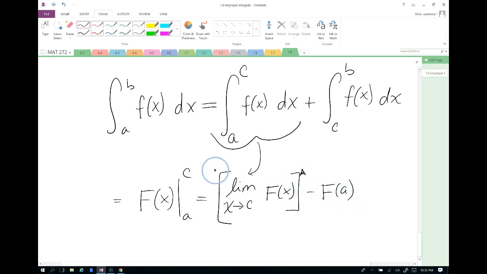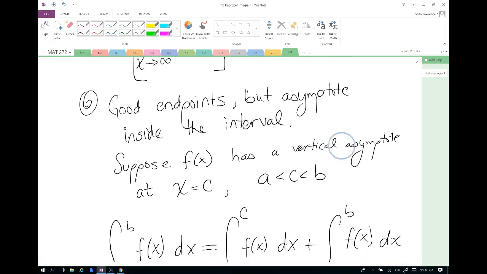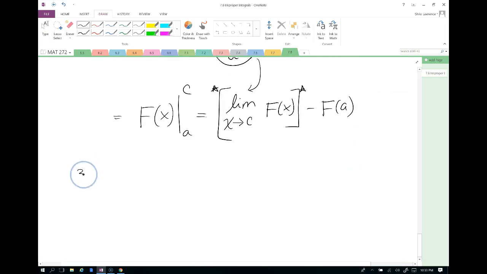And then this is where we might have a little bit of work to do to figure that out. And then we would do the exact same for this one, and then just add the two results together. The third case we might encounter is both the endpoints are bad.